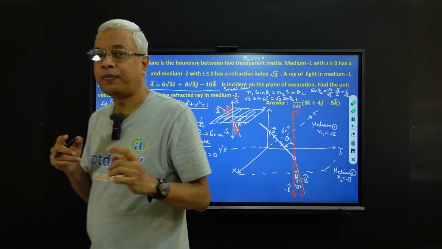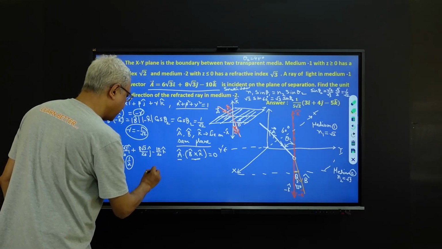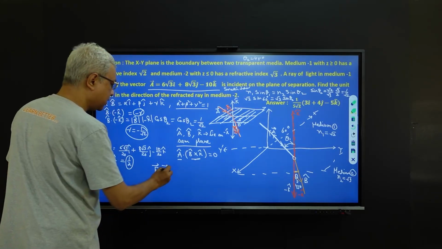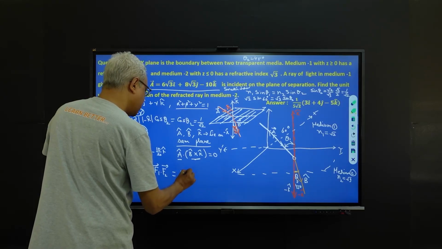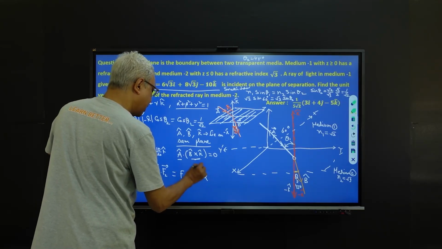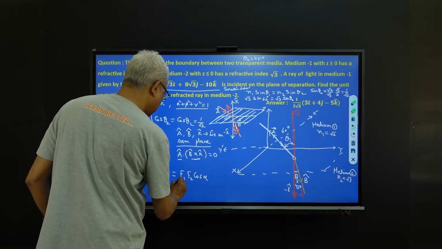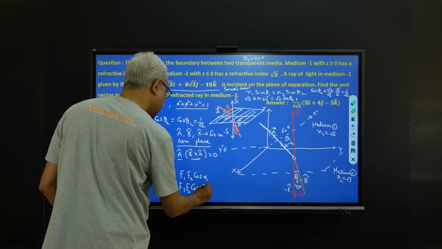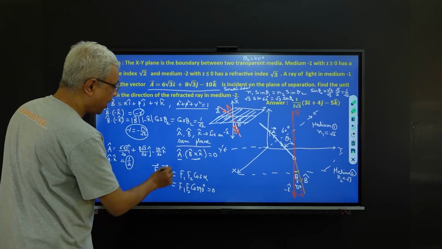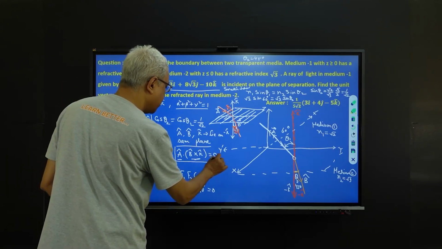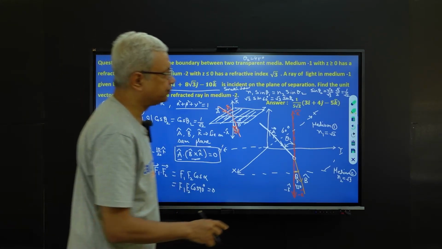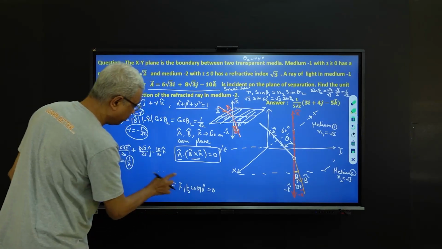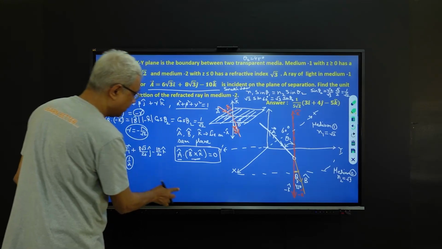The dot product of two perpendicular vectors, you would remember, f1 dot f2 is f1 f2 cos alpha, and if alpha is 90 degrees, it is f1 f2 cos 90 degrees, which is equal to 0. So from this I can definitely write a cap dot b cap cross k cap is 0. Now I should impose this condition, which is nothing but Snell's law in mathematical form.